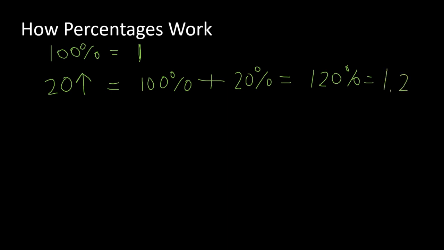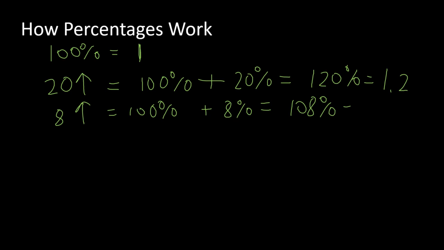Now let's say we have an 8% increase in tax. It's pretty much the same idea, right? You always start at 100%, add the 8%, which equals 108%, which on the calculator you multiply by 1.08.